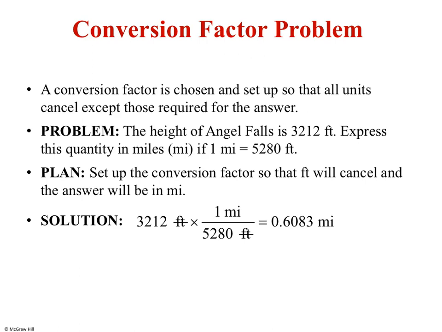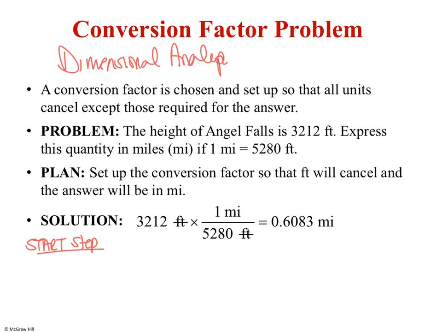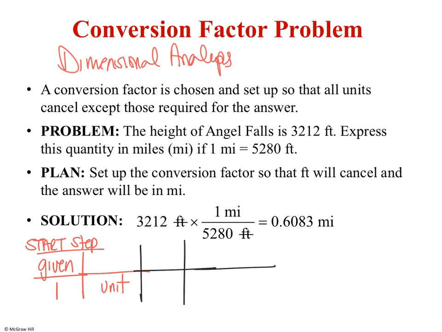Okay, so a conversion factor is chosen and set up so all units cancel except for those required for the answer. Remember, I told you to start at step 1, because this is how to do dimensional analysis. You start with a given, put it over 1, and whatever that unit is, you copy it on the bottom, and then each one of these brackets. You might have a bunch of these brackets, because you'll be taking one unit to another unit.